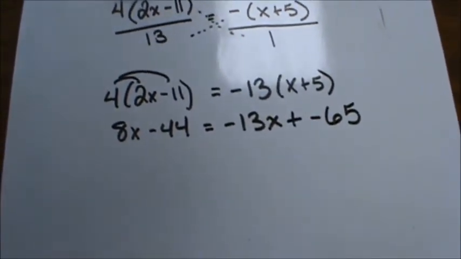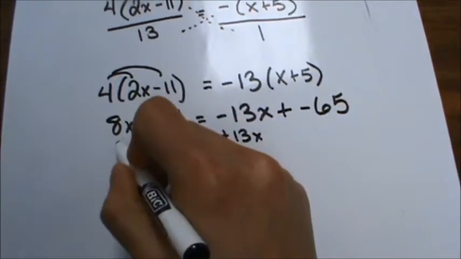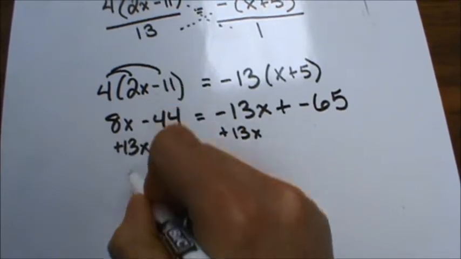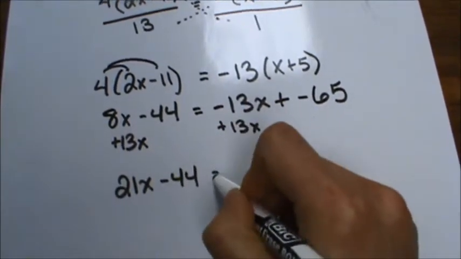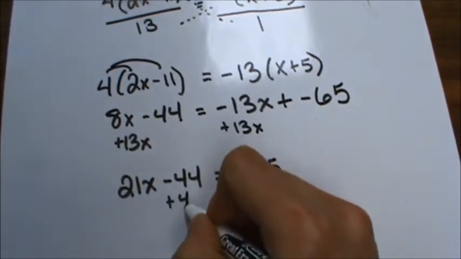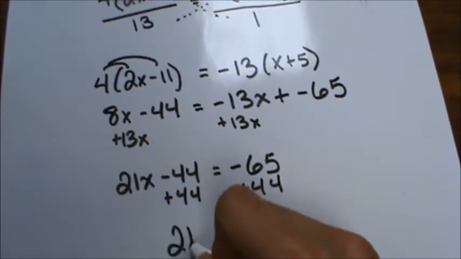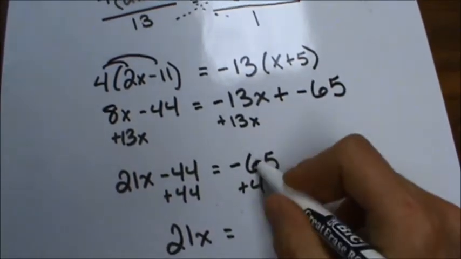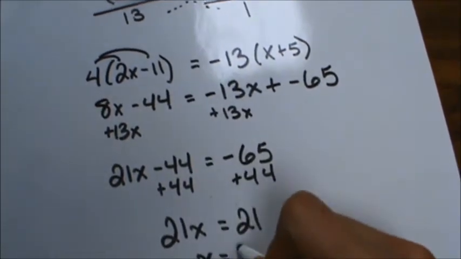I'm going to now gather my x terms on one side by adding 13x to both sides. So I have 21x minus 44 equals negative 65. Add 44. And I'm going to get that 21x equals negative 21, so x must be negative 1.